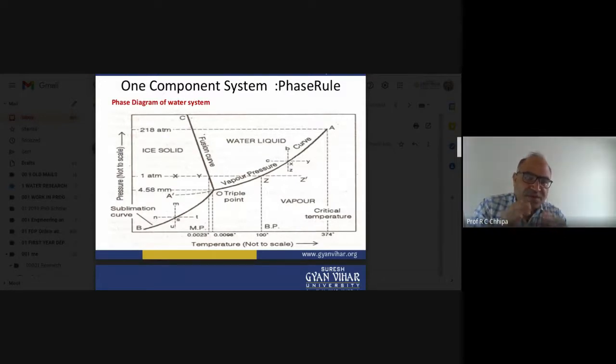O itself is the triple point where three curves can coexist.